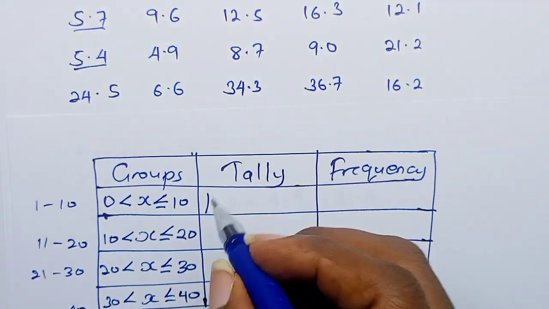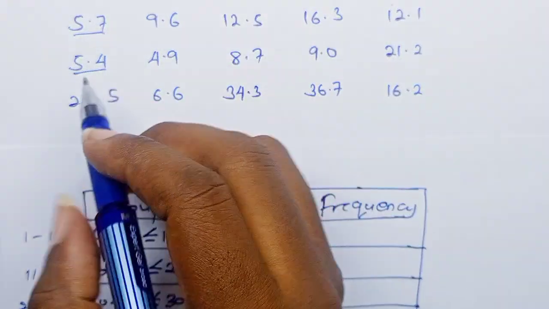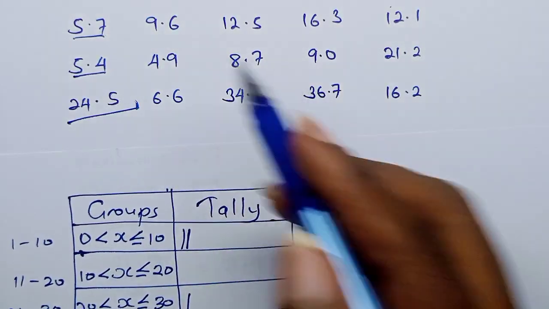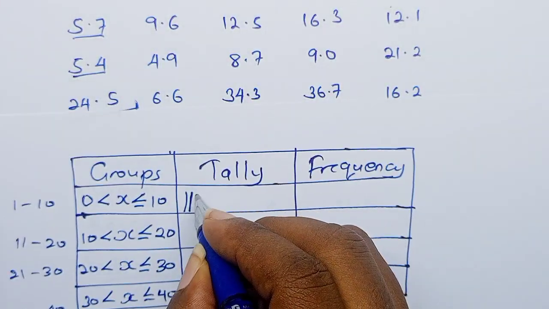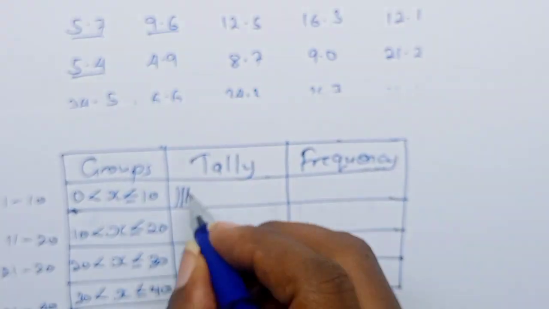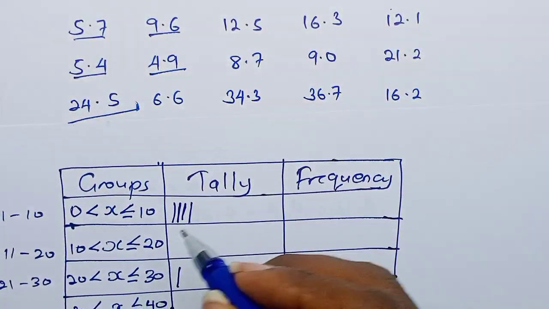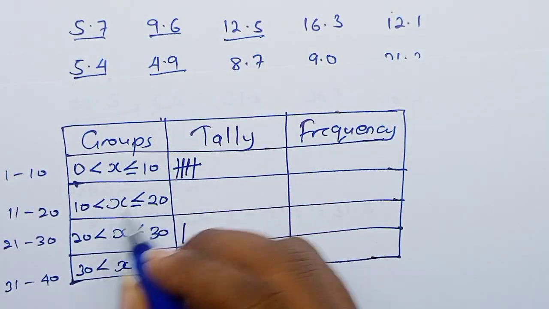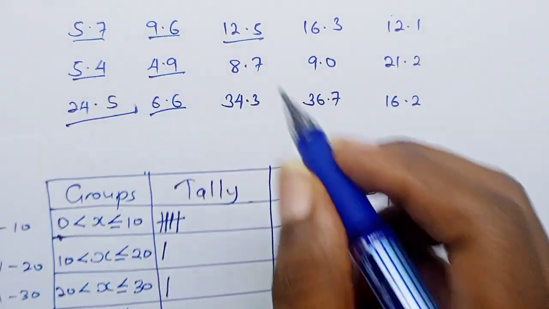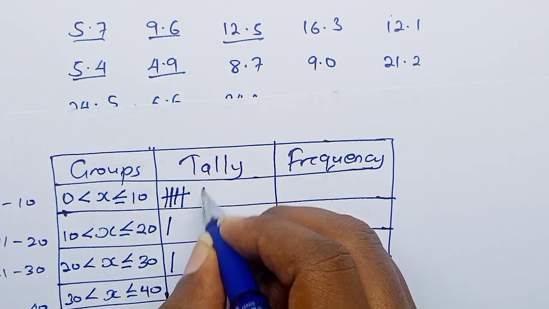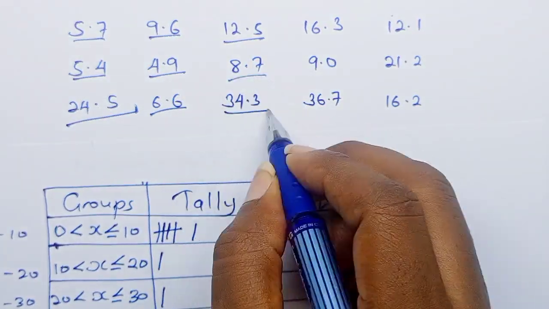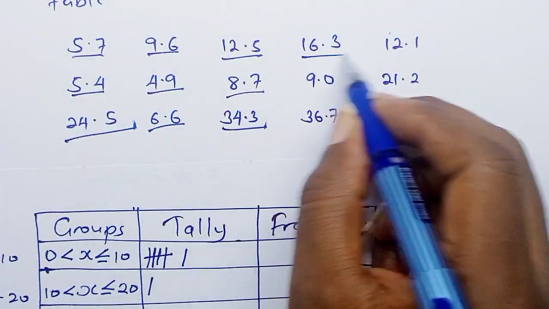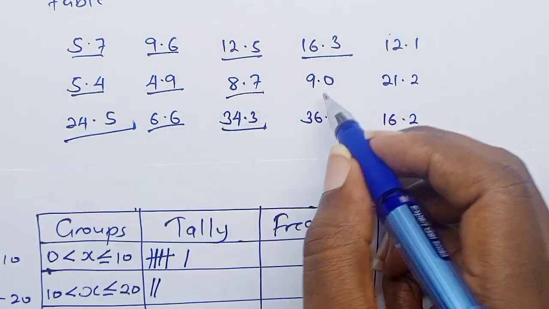Then 5.4 also falls in this group. 24.5 falls between 20 and 30, so it falls in this group. 9.6 falls in this group. 4.9 falls in this group. 6.6 falls in this group. 12.5 falls between 10 and 20, so it falls in this group. 8.7 falls in this group. 34.3 is greater than 30, so it falls in this group. 16.3 falls in this group.